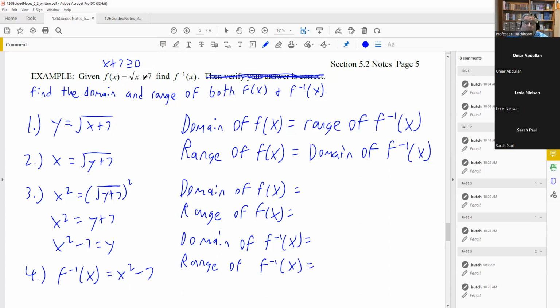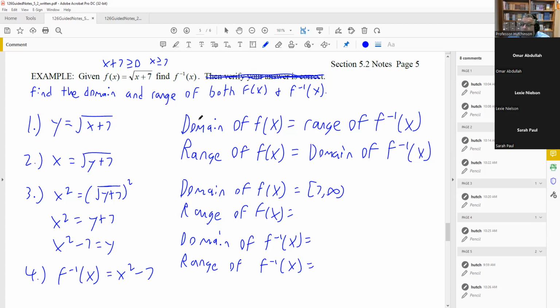We don't have 0 on the bottom of a fraction, and the square root of 0 is 0. So we just need to solve this inequality. If we solve that, we get that x is greater than or equal to negative 7 from the original one. So I just need to put this in interval notation. That's going to be a bracket with negative 7, and that's going to go to infinity.